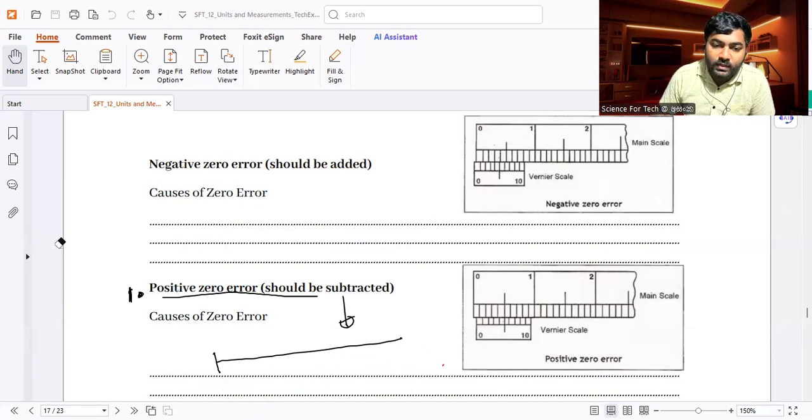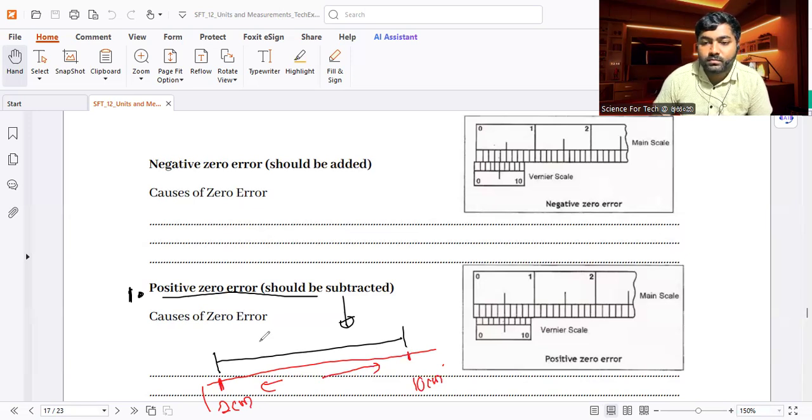You have a line, and you are going to measure this line with a ruler. Here, this point is 2 centimeter on the ruler and this point is 10 centimeter on the ruler. So I'm asking the length between these 2 points. What is the actual length between these 2 points?